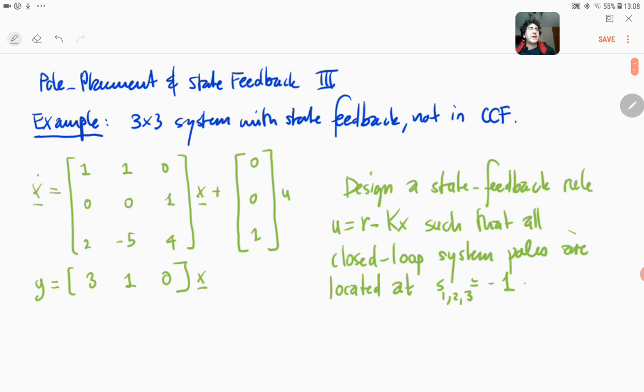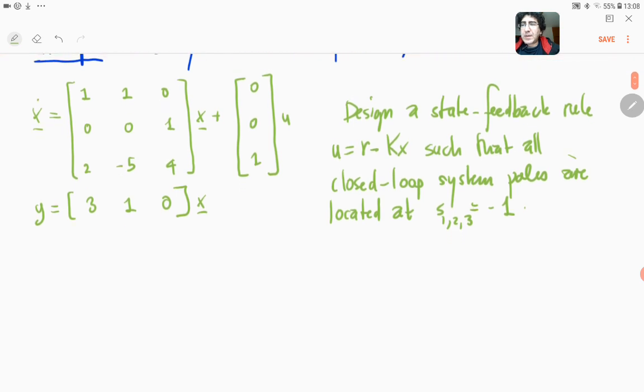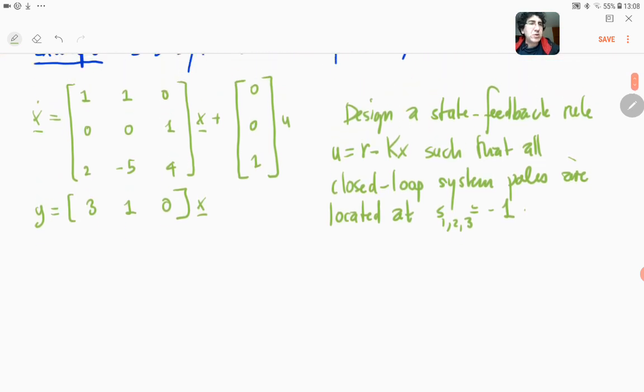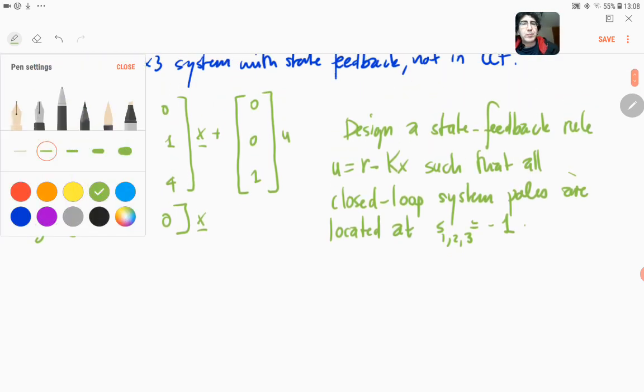So we want to make all closed loop poles located at minus 1. Okay, so let's take a look at how we can proceed solving that problem.